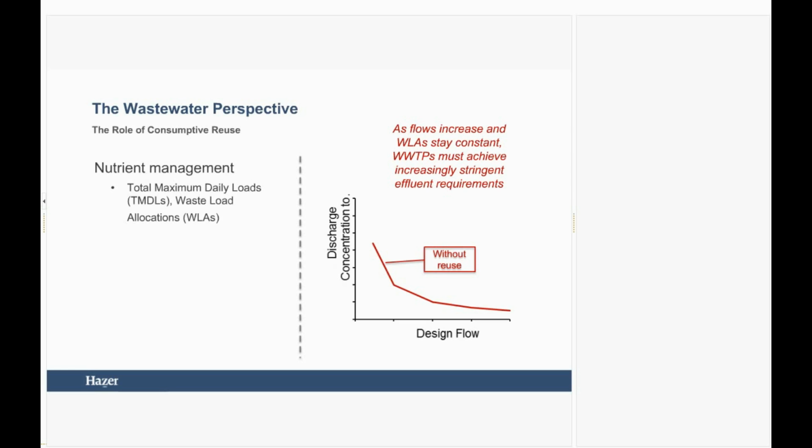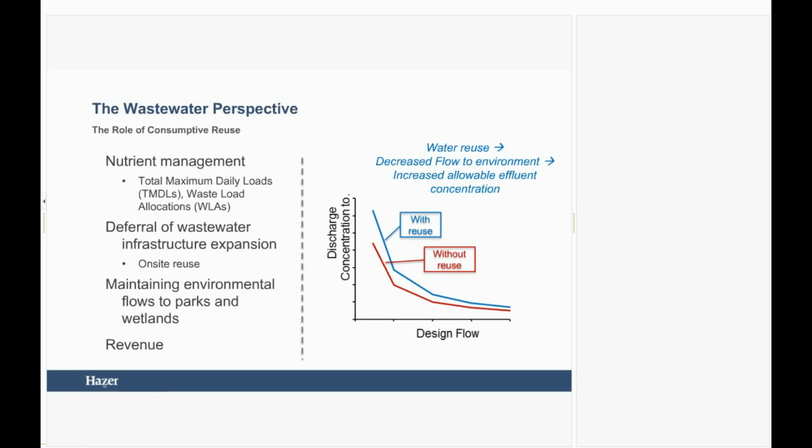And so with those low concentrations of nutrients that need to be achieved, there is a real advantage in starting to look at reuse, because by reusing some of that water, the load can remain the same, but the concentration of the effluent can go up because there's less volume going out to discharge. And so there's quite a big driver in places like Miami, in places like Tampa in Florida, for nutrient reduction being a real driver for reuse and potable reuse, as opposed to necessarily a water need.